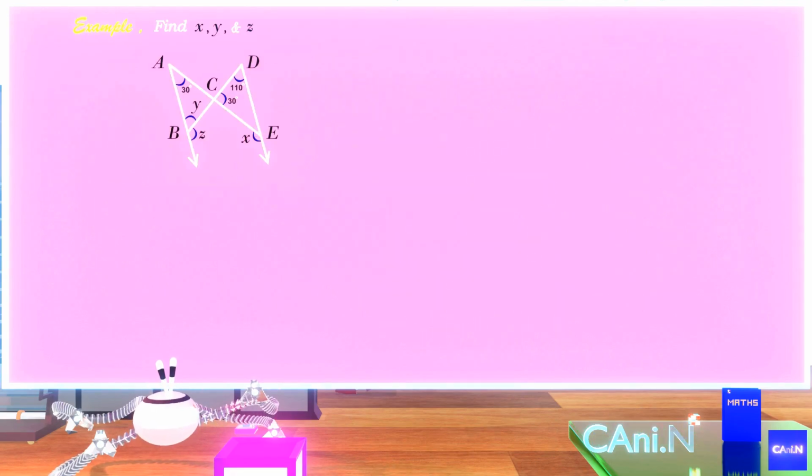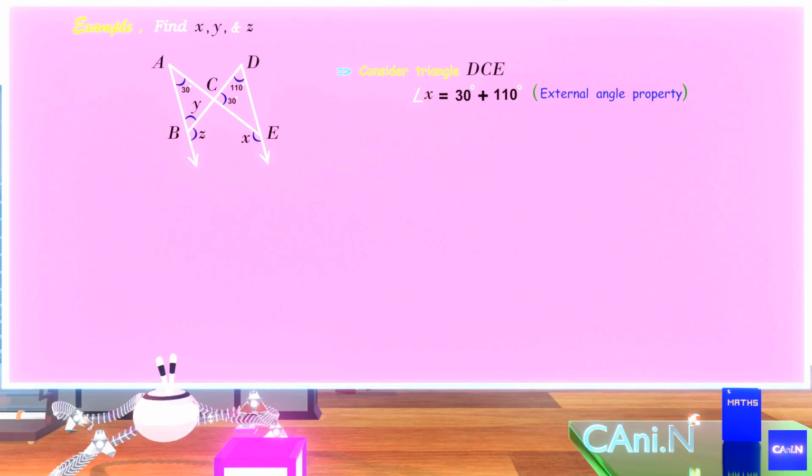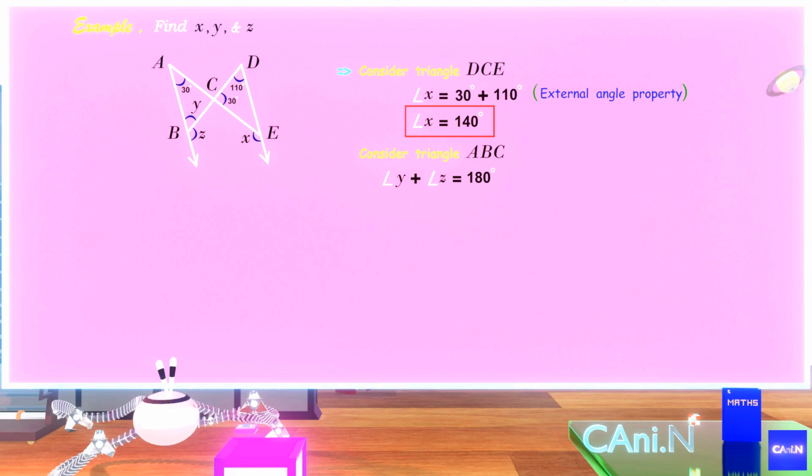Example. Find x, y, and z. First, consider triangle DCE. Here, angle x equals 30 degrees plus 110 degrees, reason is exterior angle property. Therefore, angle x equals 140 degrees. Now, consider triangle ABC. Here, angle y plus angle z equals 180 degrees, reason is linear pair.